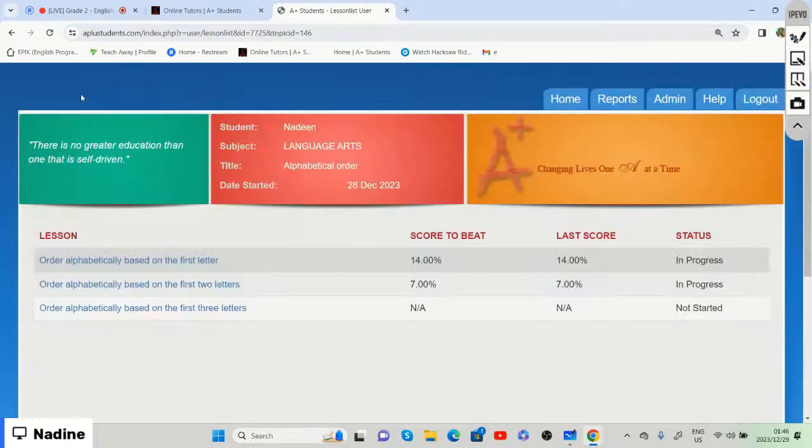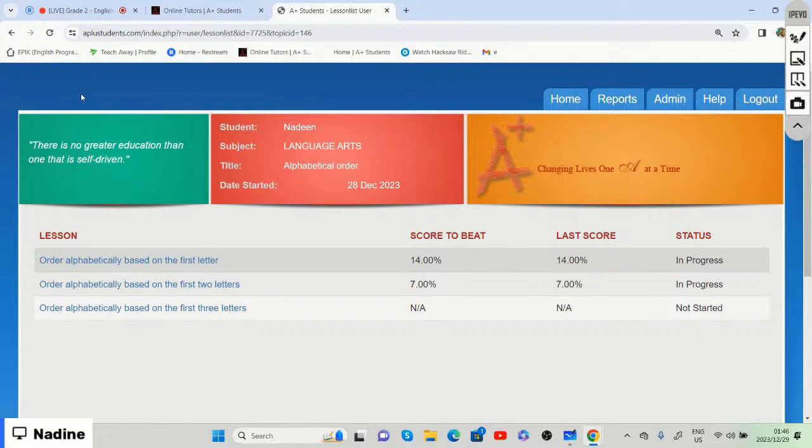All right, so that is now the end of our lesson on alphabetical order. And we said that alphabetical order is where we put words in order of how they are alphabetically.